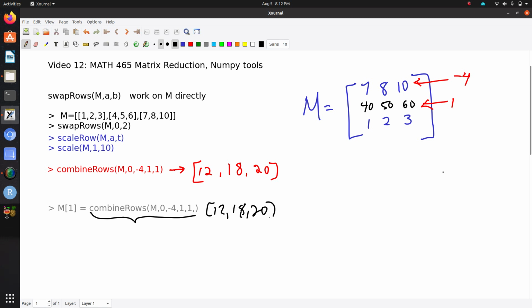Okay, now that's going to go directly over to our matrix, which lives over here. And I'm going to put it in position M1, so it's going to get rid of whatever's there. It's going to replace it with 12, 18, 20. Okay, so these things become quite powerful, and then they build on each other. And finally, the final thing I want you to write is reduce M.